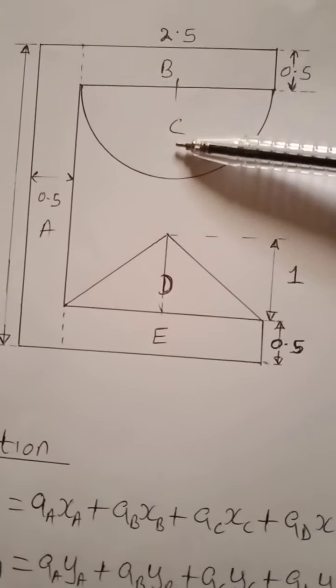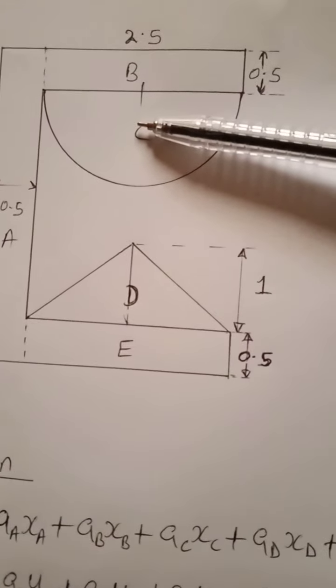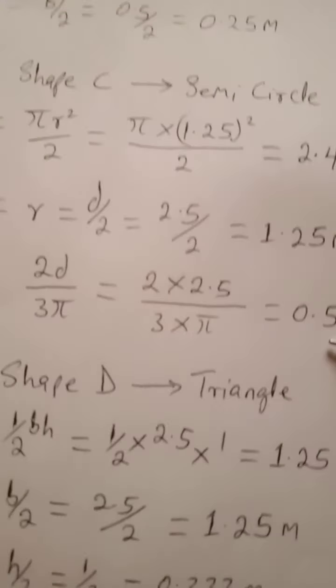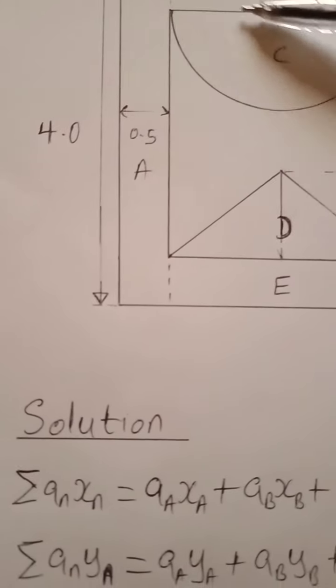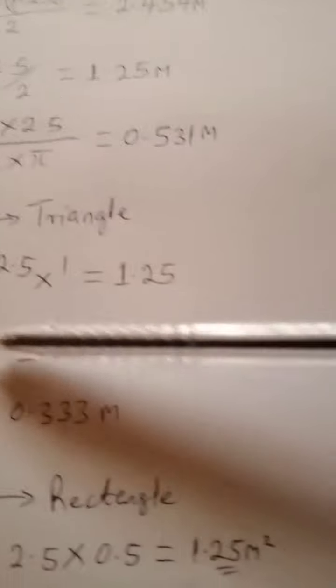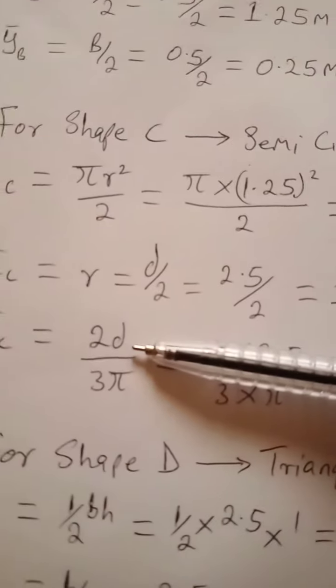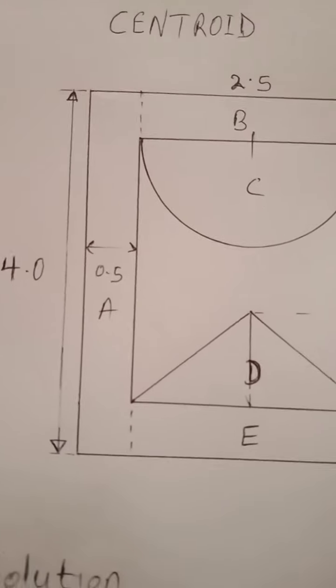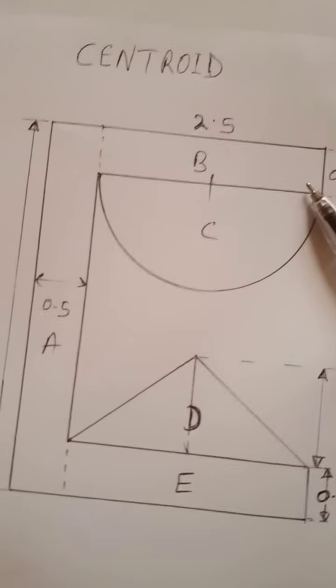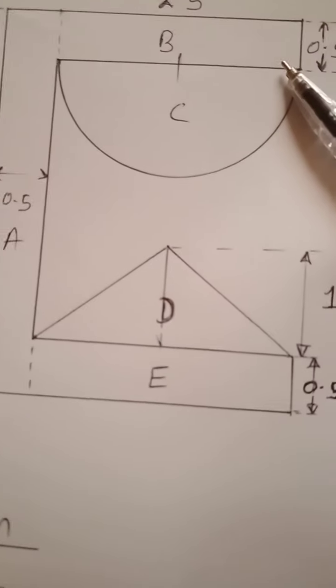Then the formula for the distance: don't forget, we have the formula for the y to be 2d all over 3 pi. This is the diameter. The diameter is 2.5 multiplied by 2, which is 5, divided by 3 pi.